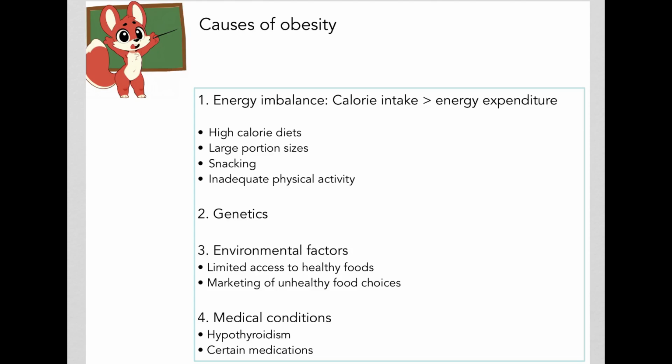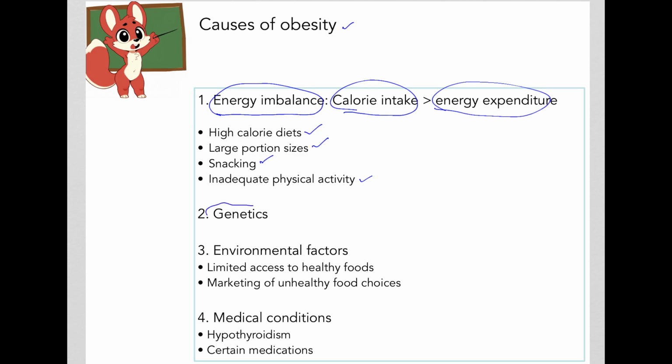As mentioned earlier, obesity is a very important medical condition. The causes of obesity are many and very complex. One is the energy imbalance: the calorie intake exceeds the energy expenditure. This is related to, for example, eating high-calorie diets, eating large portion sizes, snacking, as well as inadequate physical activity.